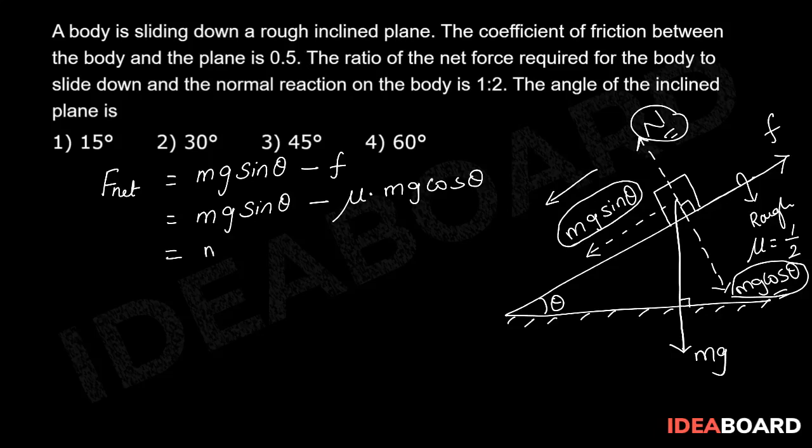Rearranging this, we get mg times sin theta minus mu cos theta.